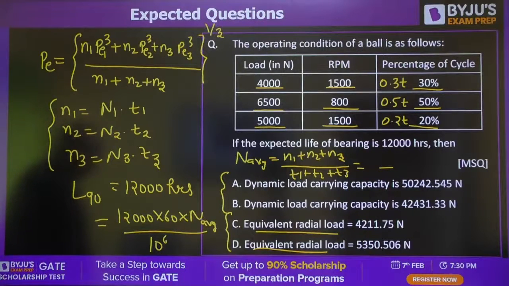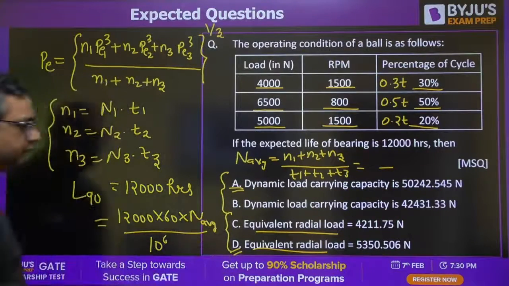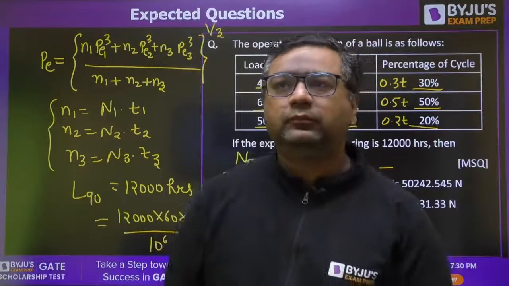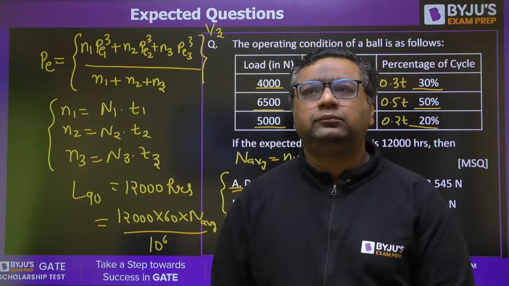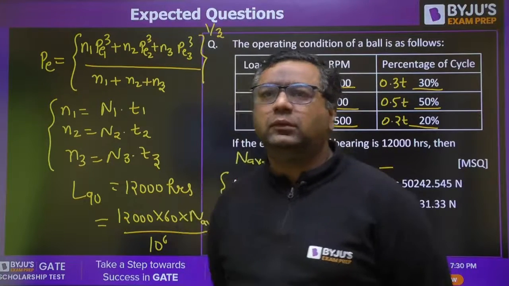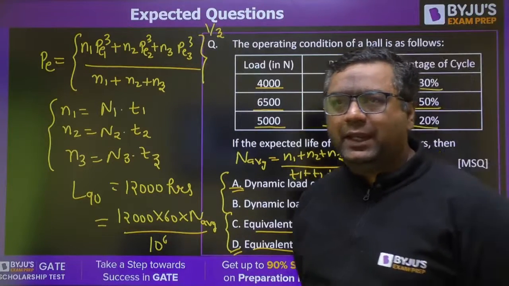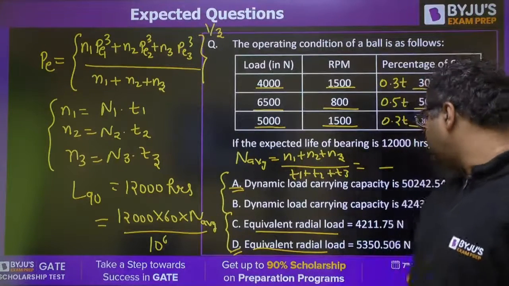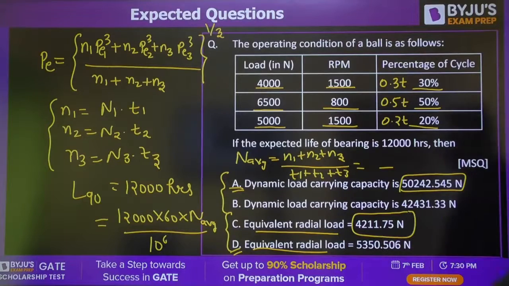Okay. So, are you getting A and D? Okay, guys. So A and D is the answer. In that case, dynamic load carrying capacity will come out to be 50,242.545, and equivalent radial load is coming this.